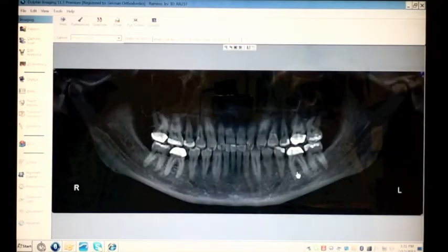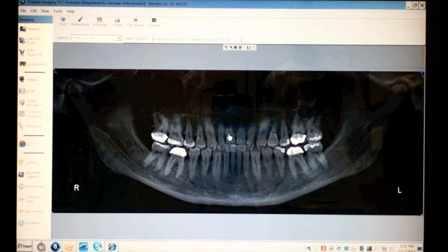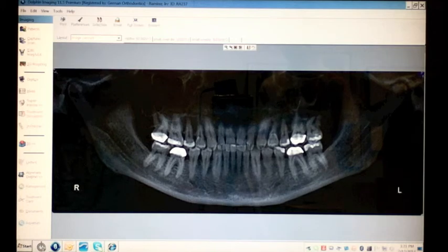When you look at the panoramic image, it looks fairly normal. With the knowledge that the tooth on the upper right, tooth number 8, has a short root, you might sense that the roots are a little bit short when looking at the pano.